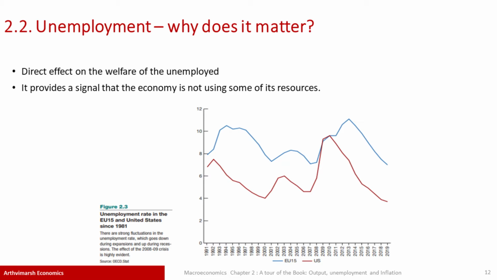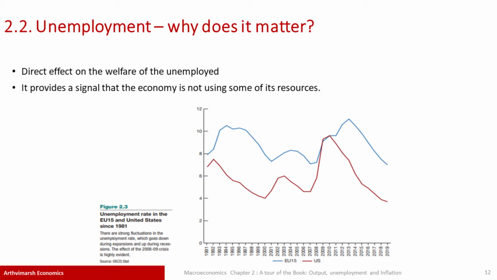Not only are more people unemployed, but many of them are unemployed for a long time. For example, the mean duration of unemployment was 16 weeks on average during 2000 to 2007, but it increased to 40 weeks in 2011 for the US economy. When the unemployment rate increases, not only does unemployment become more widespread, it also becomes more painful for those who are unemployed.